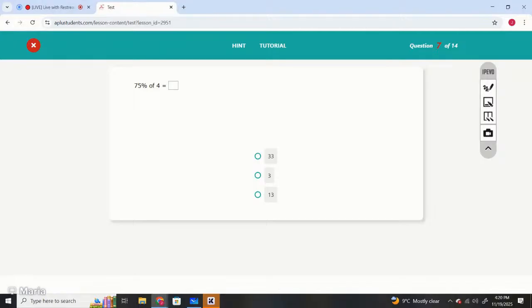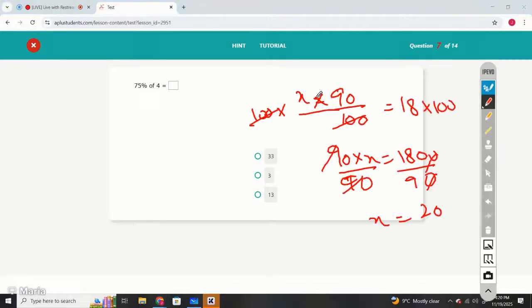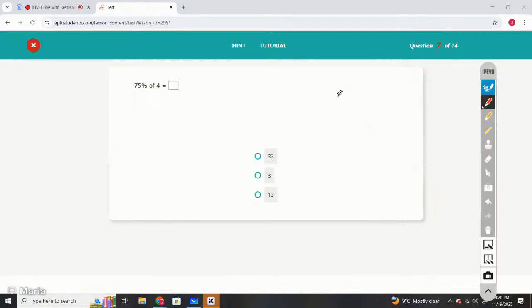75% of 4. That is 4 times 75 over 100. So 75 times 4 is 300. 300 divided by 100 is 3.